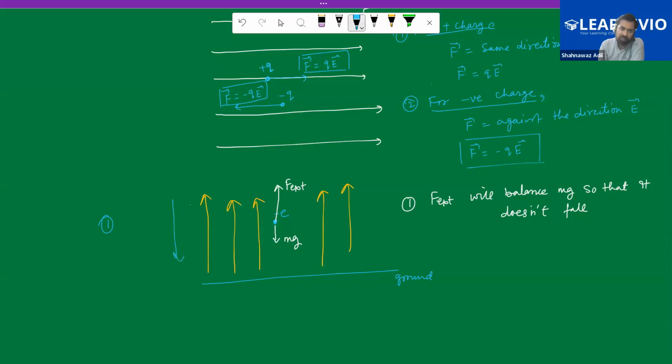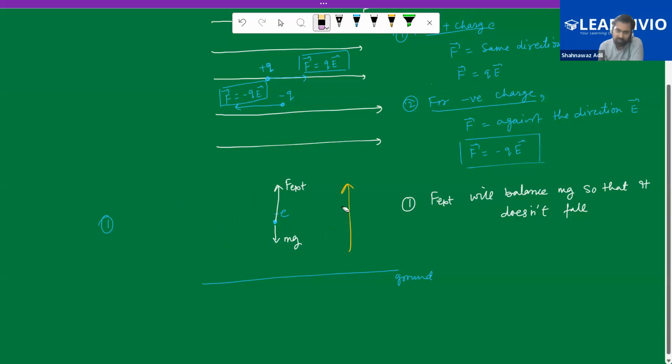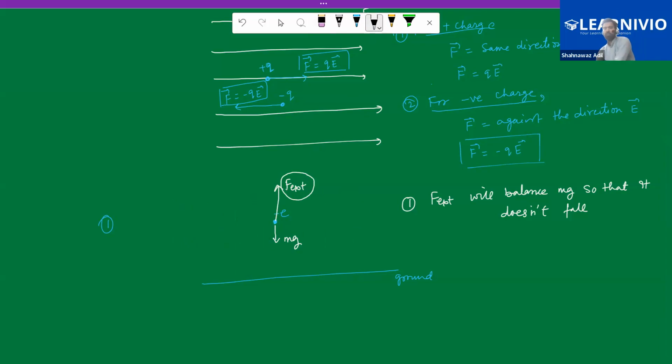That depends upon the charge. So now you tell me, what should be the direction of the electric field? We already know that the force that we require is upward. So what should be the direction of the electric field that we have?